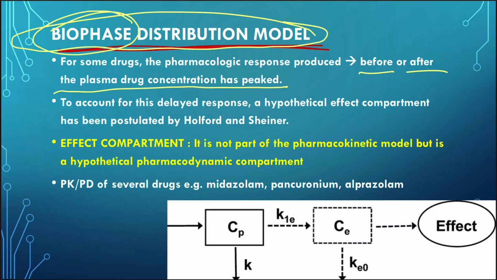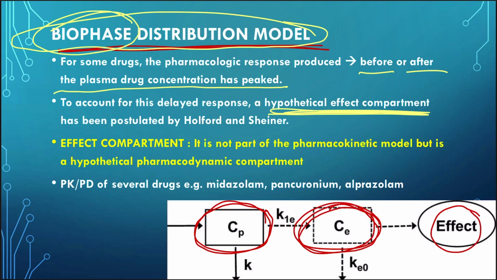And here whenever we are measuring the concentration, we are measuring the concentration in the plasma and not in the effect site. So this can be bridged with the introduction of a hypothetical effect compartment. As you can see here, the concentration in the plasma, and then the effect is mediated how? The concentration in the effect compartment is the one responsible for producing the effect, not the concentration in the plasma compartment.